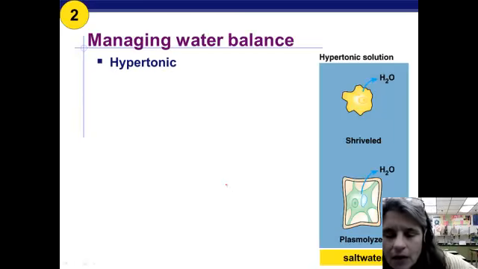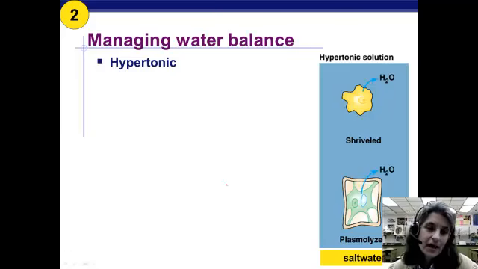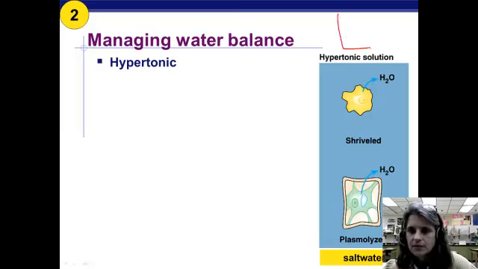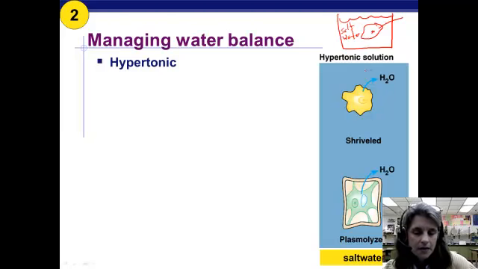Okay, if you, on the other hand, put a cell in a hypertonic solution, meaning you put it in some salt water, it's going to have a very different response. In this case, if we put the cell in a beaker of really salty water on the outside, it's not that there's pure water inside a cell.